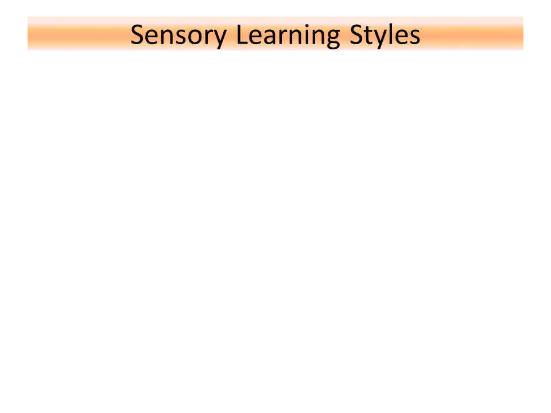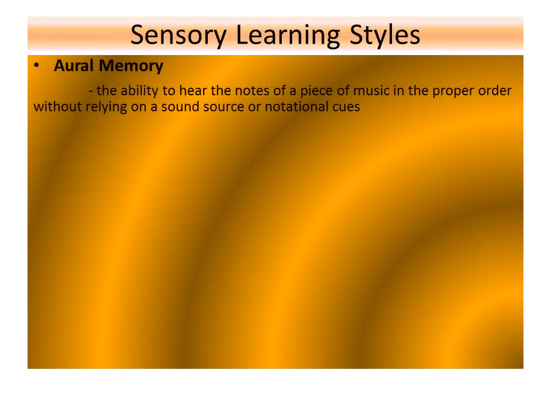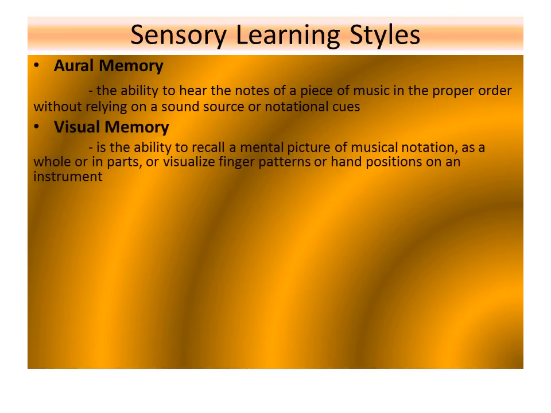So when we move on to talking about sensory learning styles, we're really dealing with oral memory, the ability to hear the notes of a piece of music in the proper order without relying on a sound source or notational cue. Visual memory is recalling a mental picture of musical notation, either as a whole or in parts.